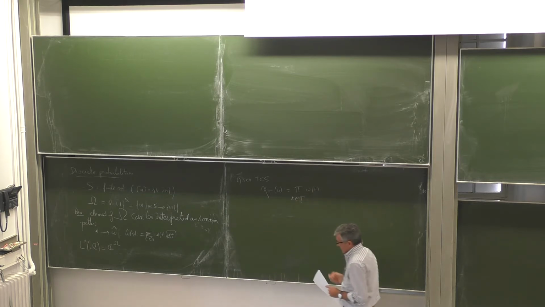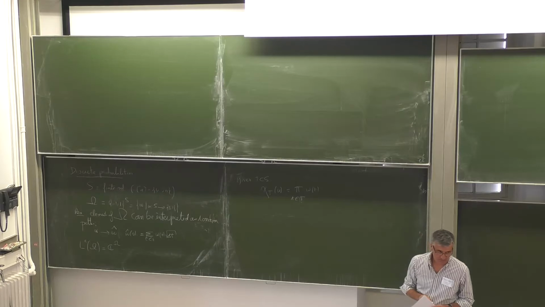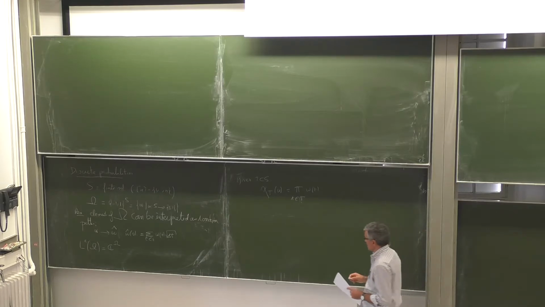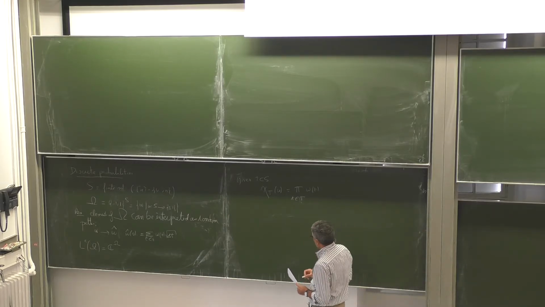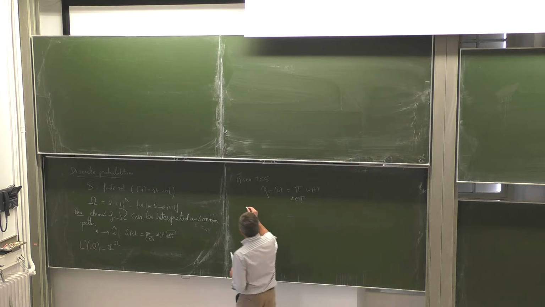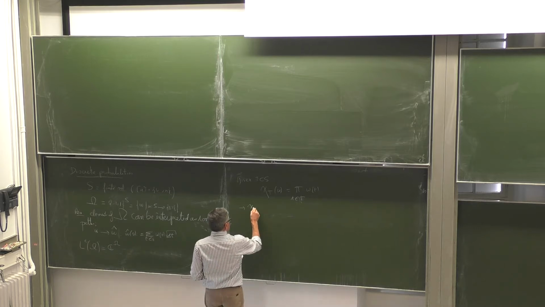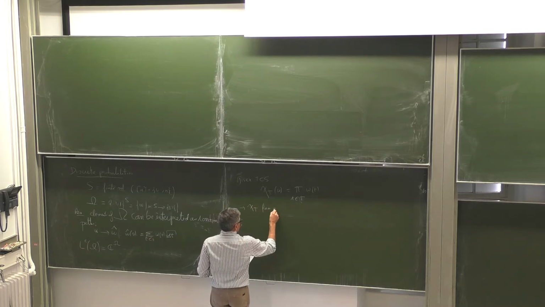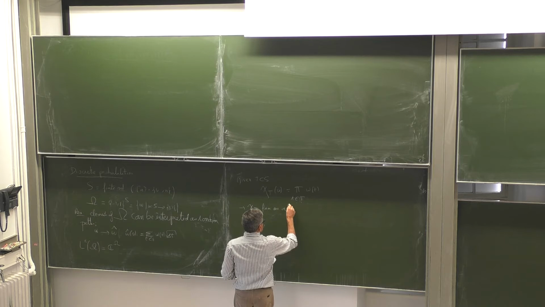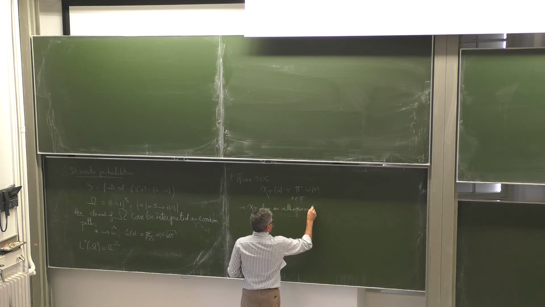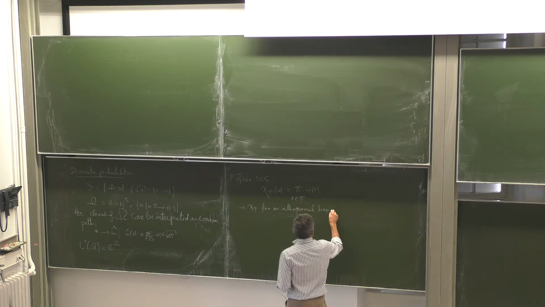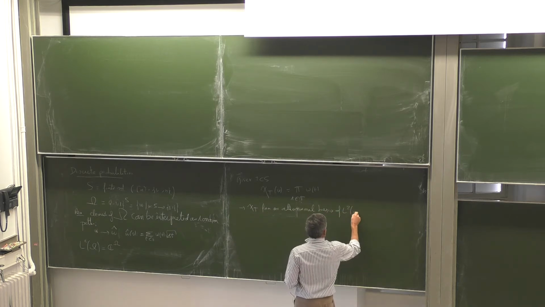Then it's very easy, because we have Bernoulli random variables associated to each element of the set. It's easy to see that the chi T form an orthogonal basis, actually an orthonormal basis, of L square of omega.